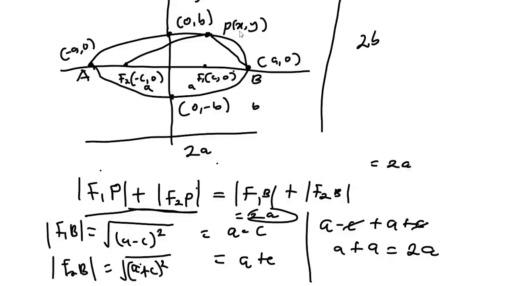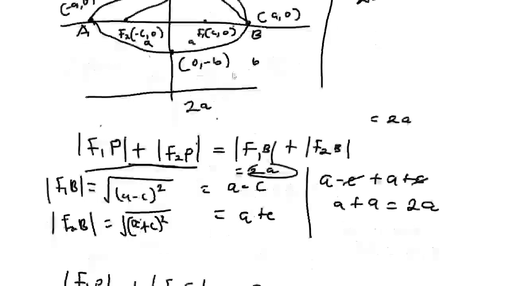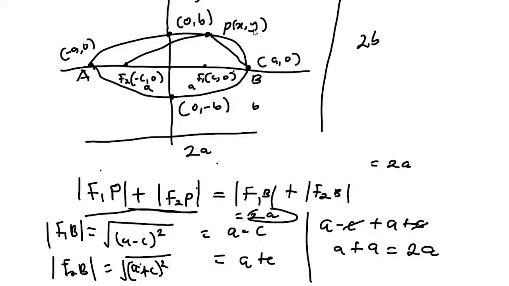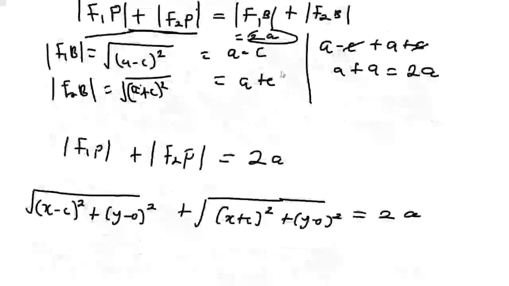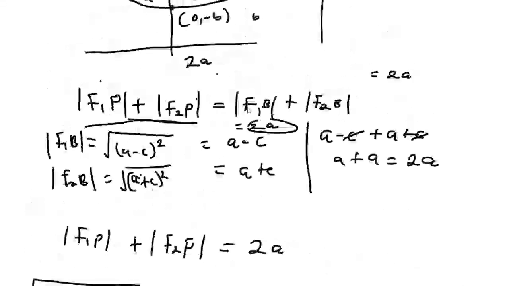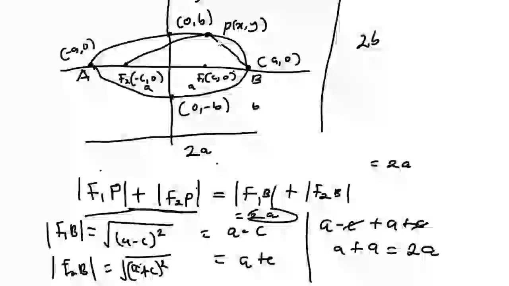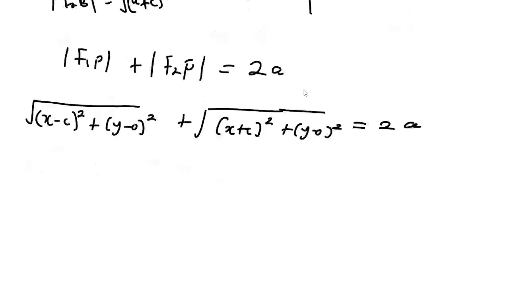All right, so from here it is F1P to F1P. So I'm going to get x minus c, you see, x minus c, then y minus 0. That's what we have there. See it? Now with the F2P, x minus negative c, then we turn to positive. So we have x plus c, then y minus 0. That's what we have there. Okay.